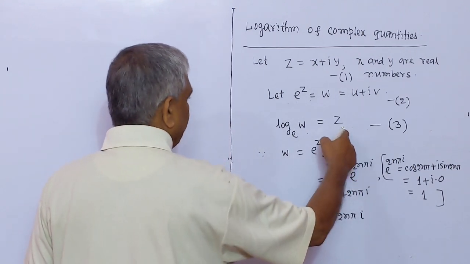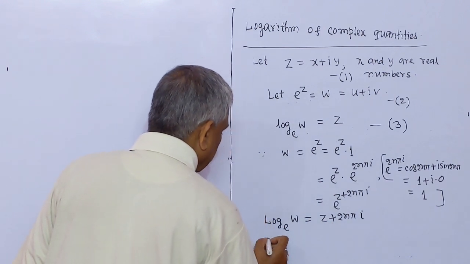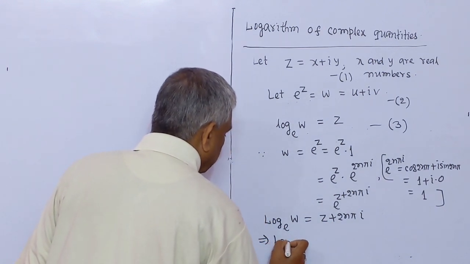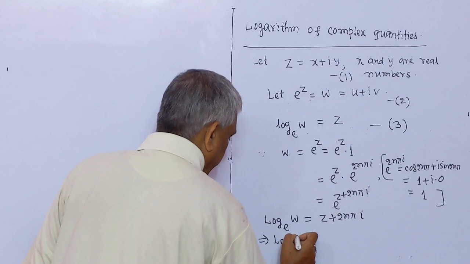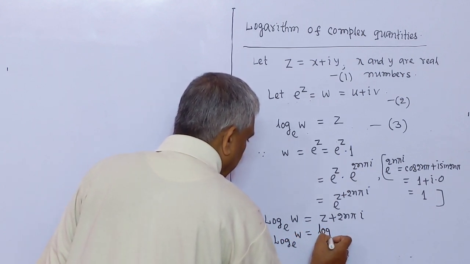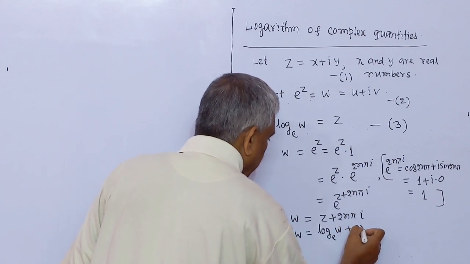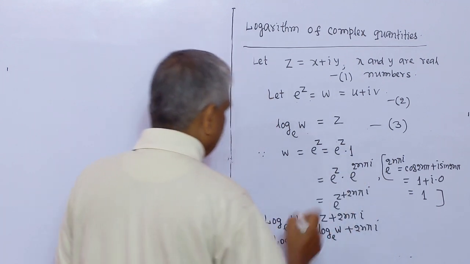And from 3, z equal to log e w, and we write capital LOG base e w equal to small log base e w plus 2n pi i.